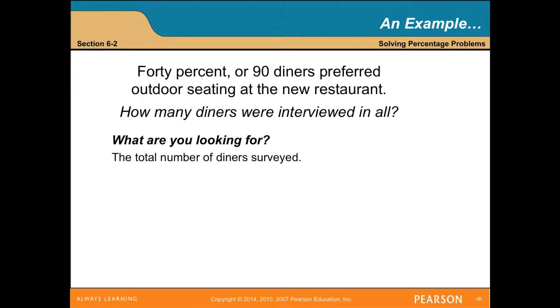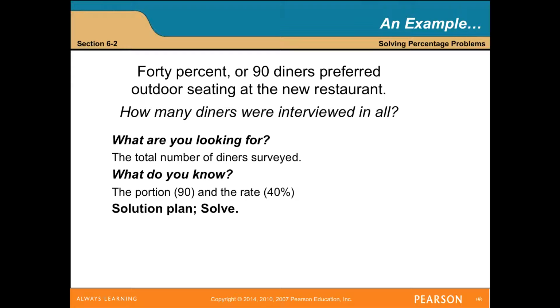What are you looking for? The total number of diners surveyed, or people that go to a restaurant. What do you know? The portion is 90 and the rate is 40%. So now you solve. Remember, base equals P divided by R. So base equals 90 divided by 40%.